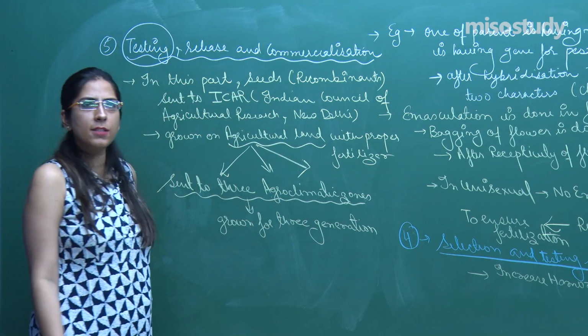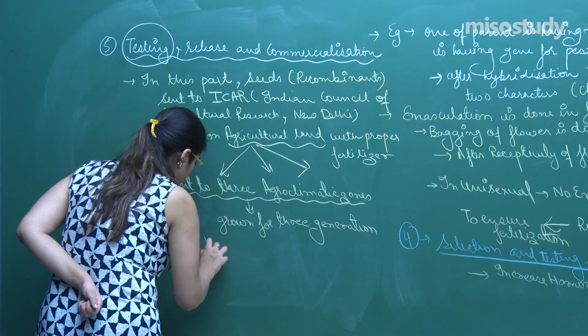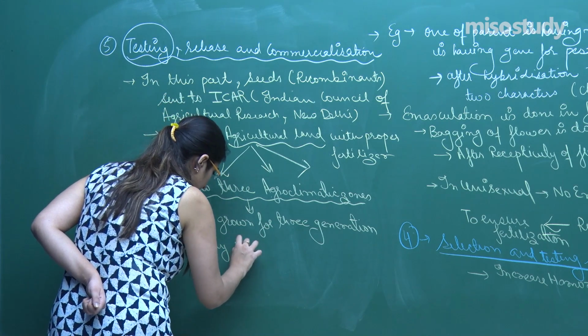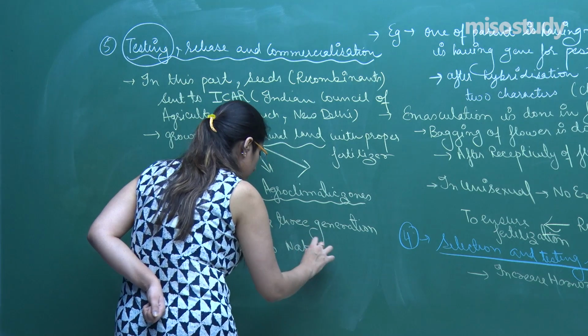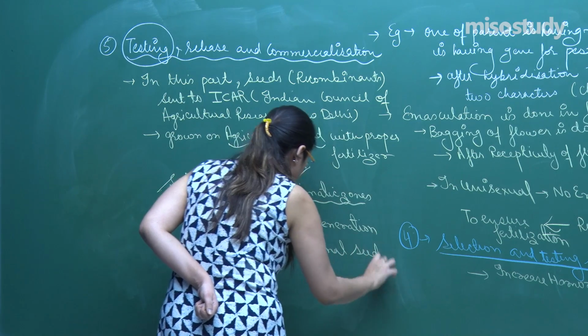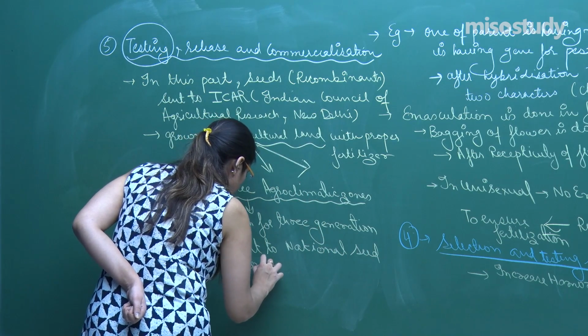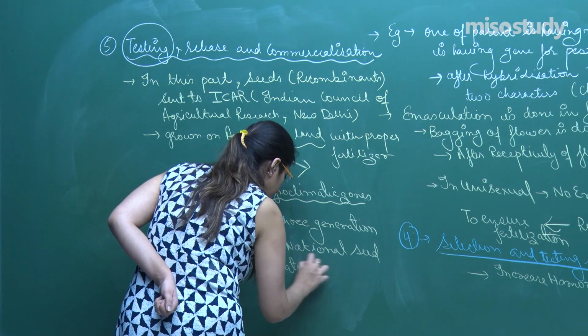If they are successful in these 3 agroclimatic zones, they are sent to the National Seed Corporation, NSC.